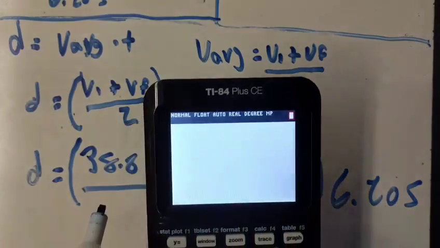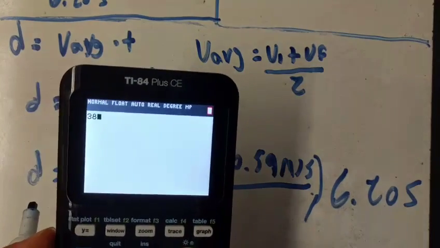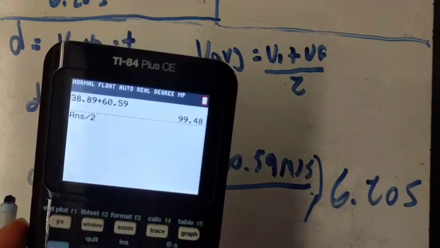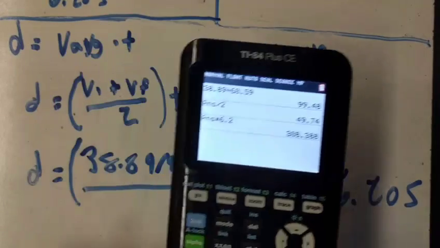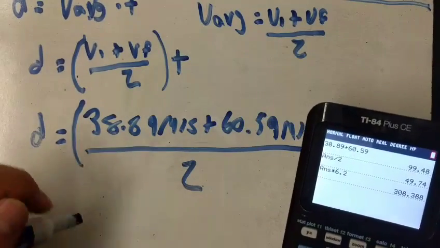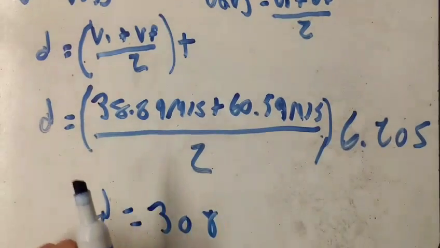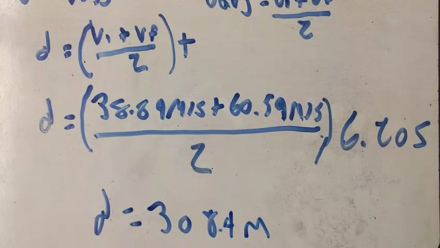And if we plug this into our calculator quickly, 38.89 plus 60.59 divided by 2 multiplied by 6.2. We get the same exact answer as when we use the formula straight from the formula sheet, 308.4 meters. So both ways work. It's more like a preference thing, but I thought I'd just show you both. So there you go. You get the same answer either way.